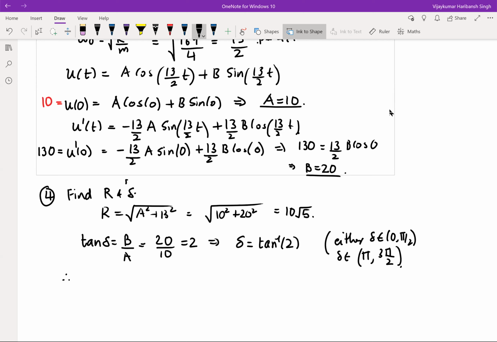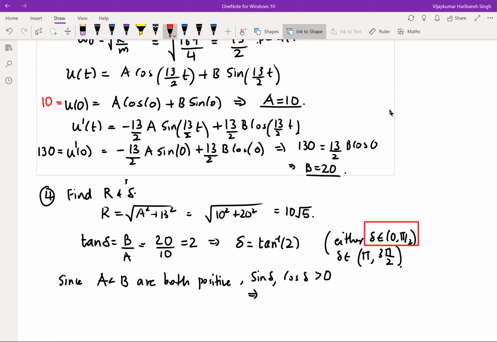Since a and b are both positive, this implies the sine and cosine are also positive, right? So sine delta and cosine delta are also positive. This implies the only possibility for your delta to come from is from this part here.